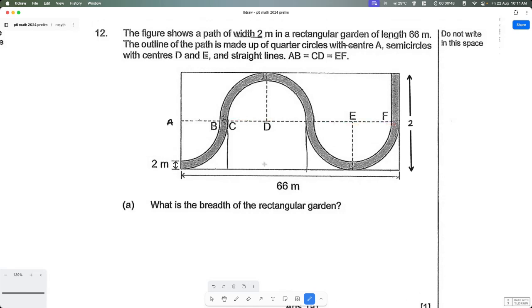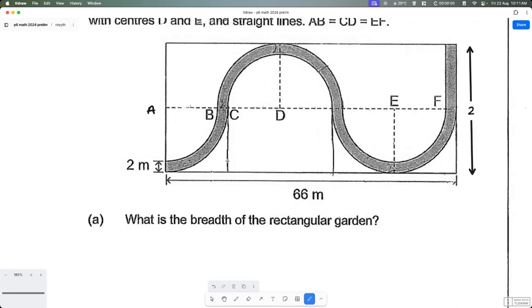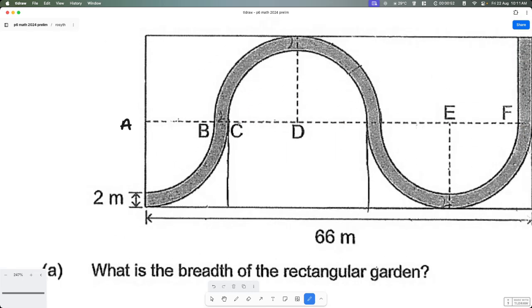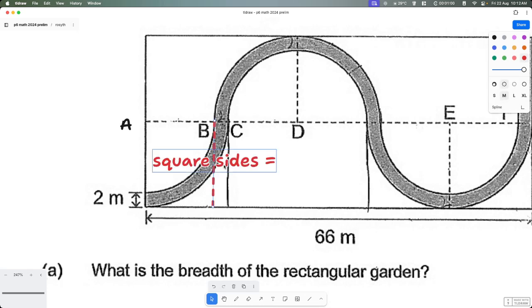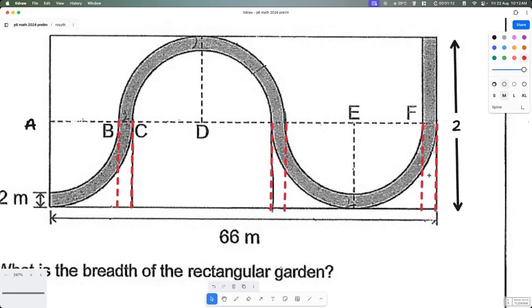In this case over here, we know that there is this 2 meters line. So I'm going to draw some lines over here. Things to take note of: we have these 2 lines over here, then another 2 lines over here, and another 2 lines over here.